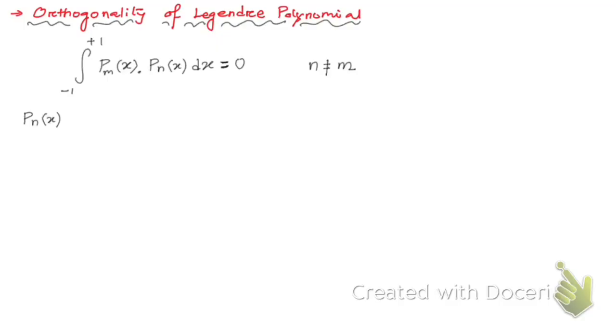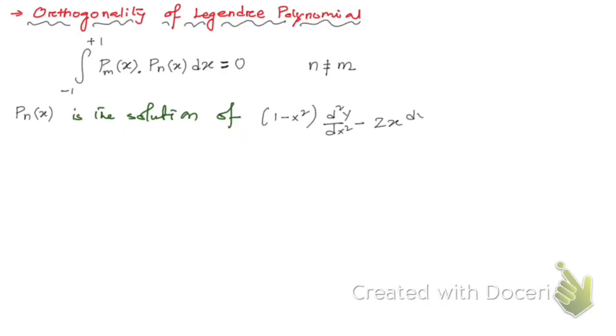Pn of x is the solution of this equation: (1 minus x square) times the second order derivative of y with respect to x, minus twice x times the first order derivative of y with respect to x, plus n into (n plus 1) y is equal to 0. Sorry, I forgot to put y here.